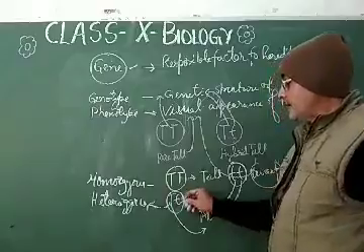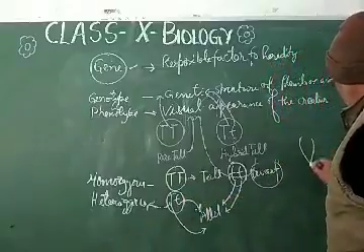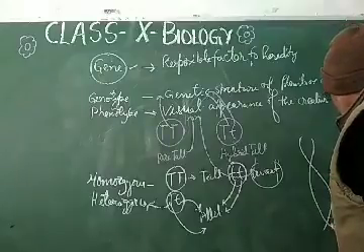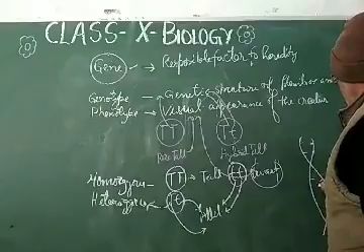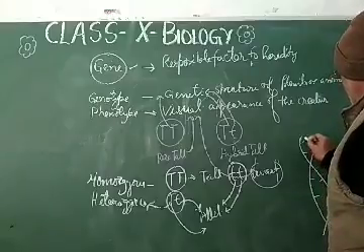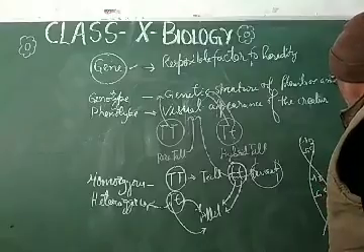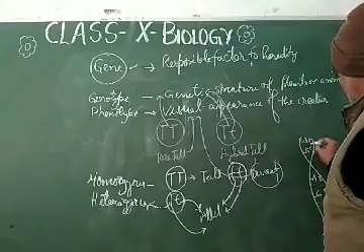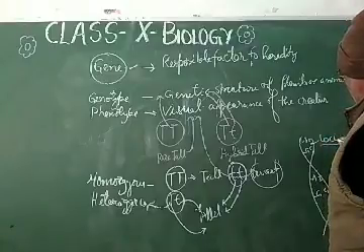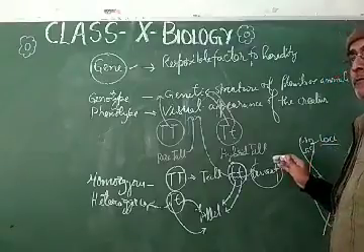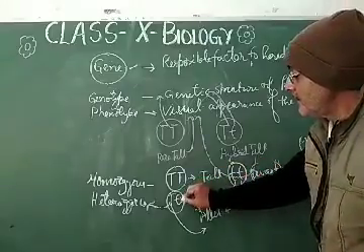This particular gene is situated at a specific locus on the DNA. These are the loci, the different locations, A, T, G, C. Loci means the location, the place where the gene is situated.